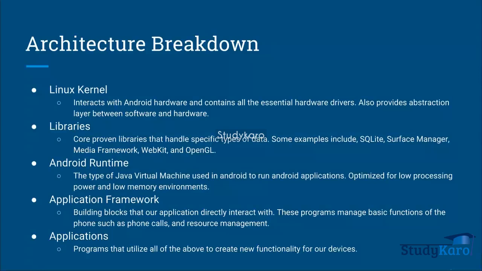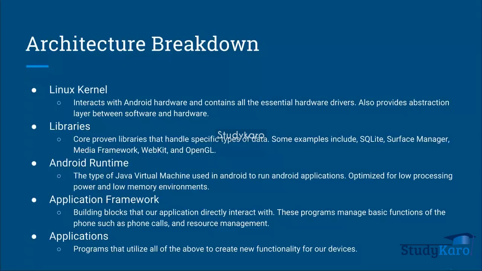So our libraries are core proven libraries that handle specific types of data. Some examples include SQLite, Surface Manager, Media Framework, WebKit, and OpenGL. So these are libraries that have been tested and proven, and Android has bundled them with its operating system that we interact with, right?